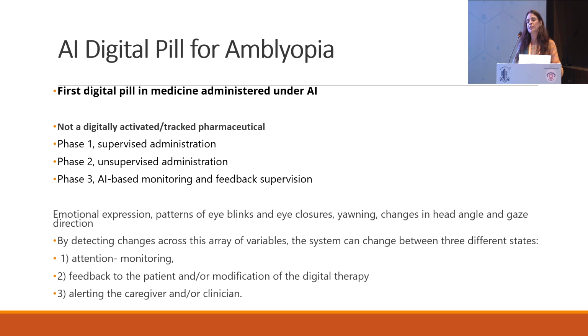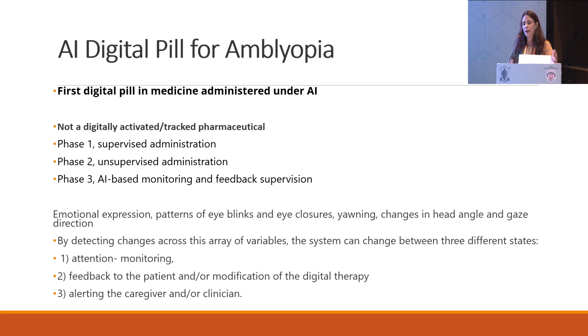Then there is something called a digital pill for amblyopia, which is basically the third part, phase 3, the AI-based monitoring. We have started giving home treatments for amblyopia, both in the form of dichoptic therapies as well as patch therapies. So phase 3 of this is AI-based feedback, or a digital pill as we call it, where emotional expressions, the patterns of eye blinks and eye closures are picked up by this tool while the patient is doing therapy and after that also.